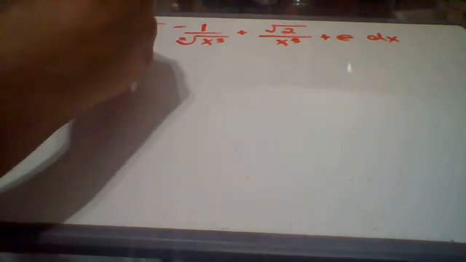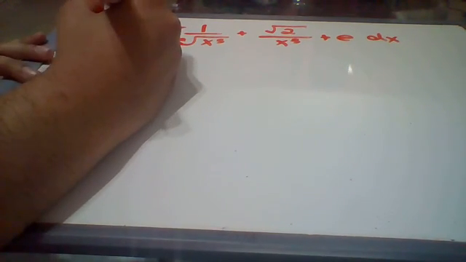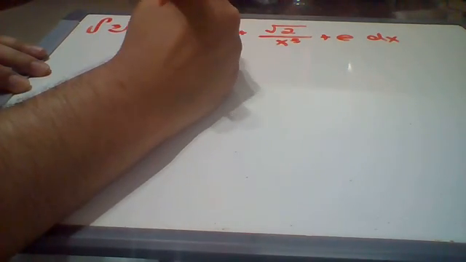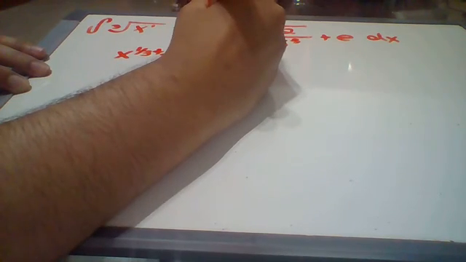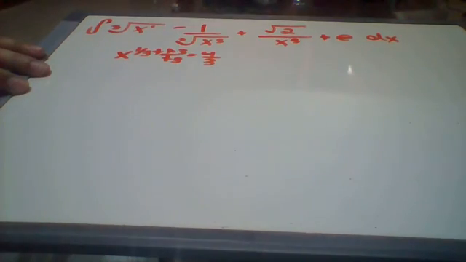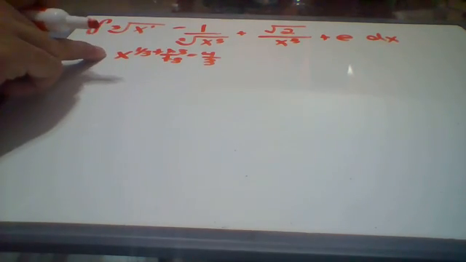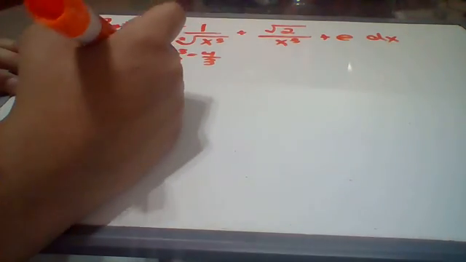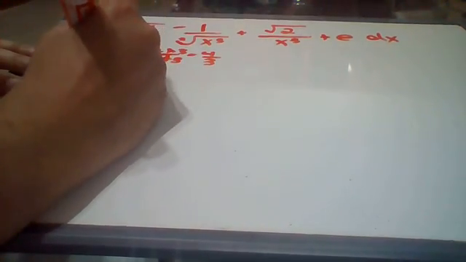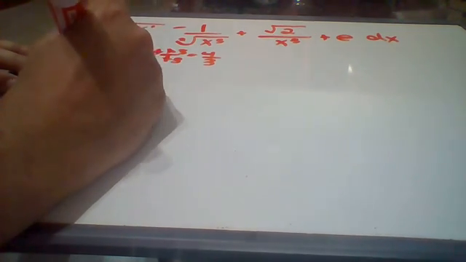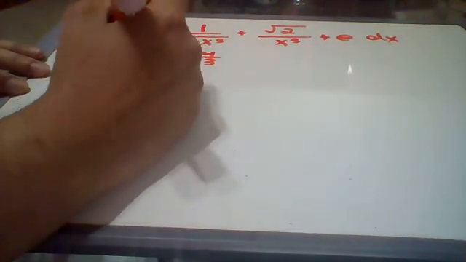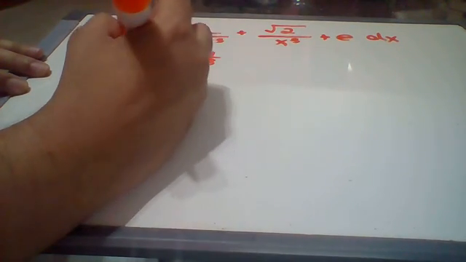So the exponent of the cube root of x is x to the 1/3, and I would do the same thing. I would add 1, and that would give me 4/3, and I would set up an equation or just multiply the existing coefficient by the reciprocal. So it would be 3 over 4 x to the 4/3.